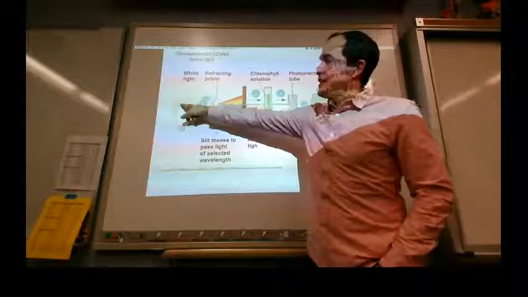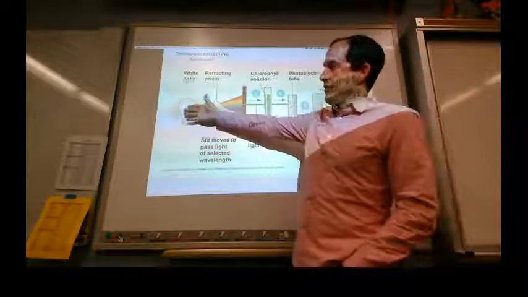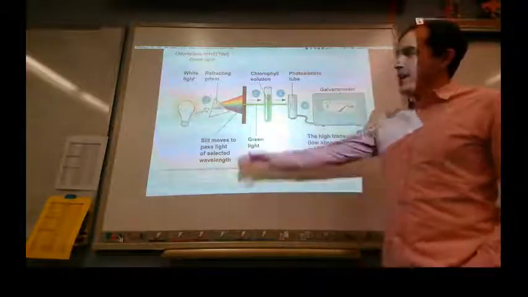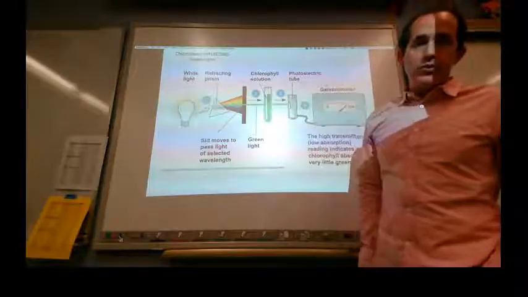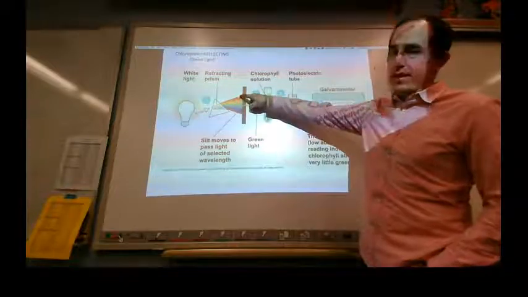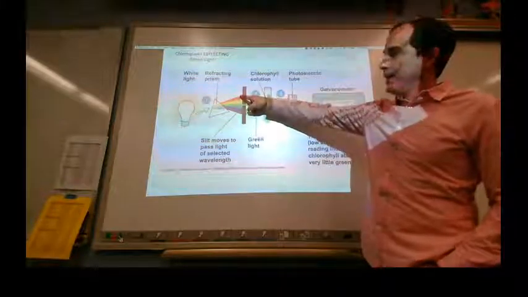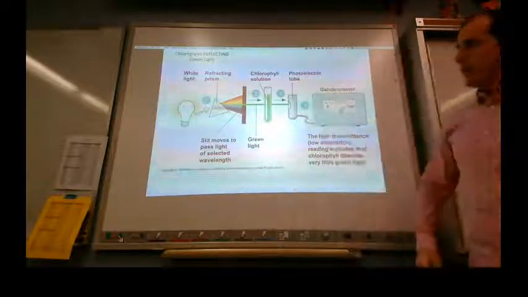Pretend it's the sun. In this case, it's just an incandescent white light. But let's pretend that this is the sun. Okay? So the sun is going to send out all of the visible spectrum of light. So we got our purples and our blues. We have our greens and yellows and our reds and oranges up on the top. All right? We're going to send this through a prism so that it breaks up into the different wavelengths of light.